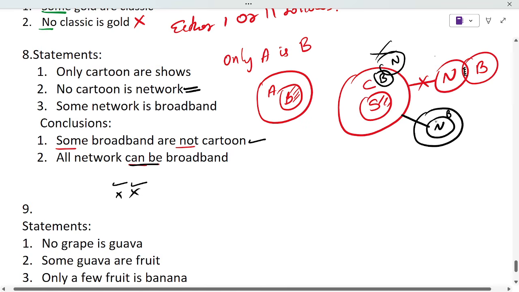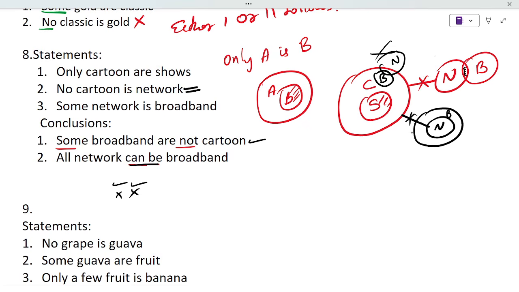This is also possible. We're not voiding this statement. The statement only says network and cartoon cannot touch. So all network can be in broadband. If it can be, in possibility cases true is true.